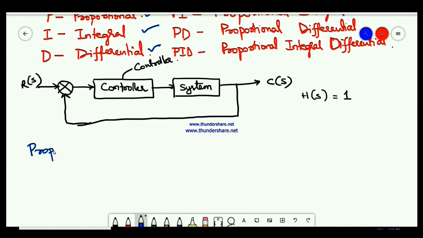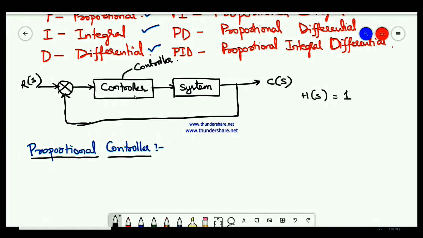So let us consider the proportional controller and define what it is. First we will write the block diagram for this proportional controller.